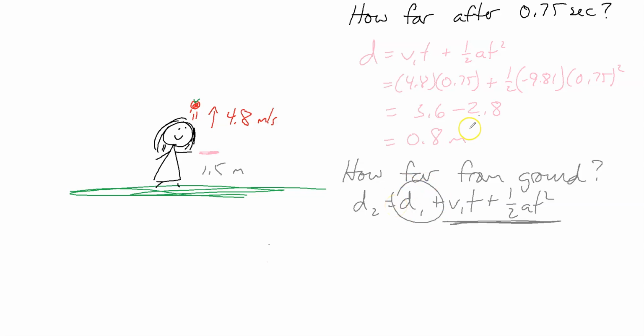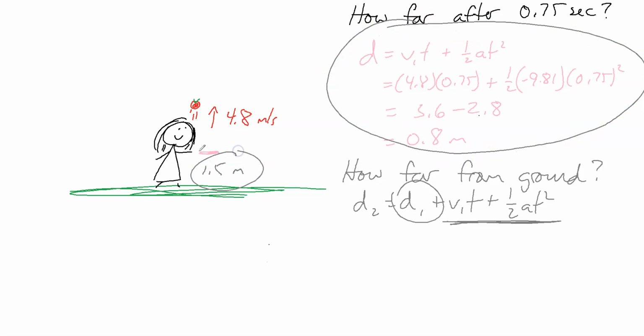Some people will just do this entire calculation like we just did, and then add the 1.5 afterwards, and you'd still end up with 2.3 meters. It doesn't make any difference how you do it. People see things differently. It doesn't matter, it's still going to work out pretty nicely.